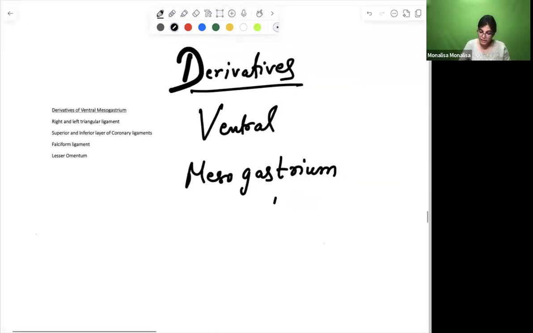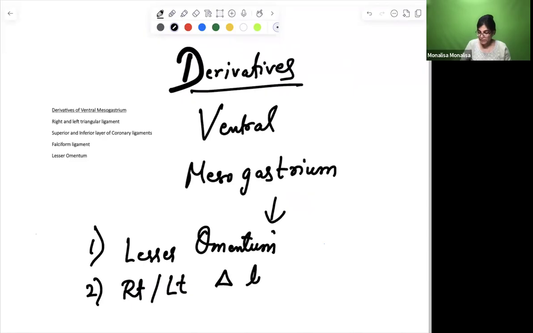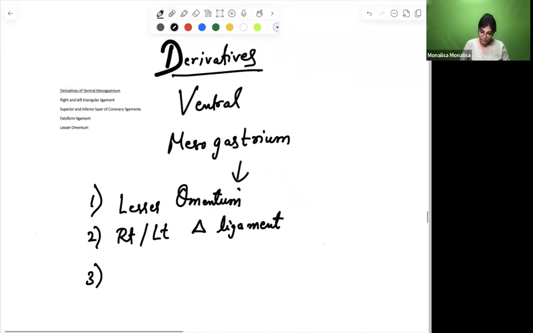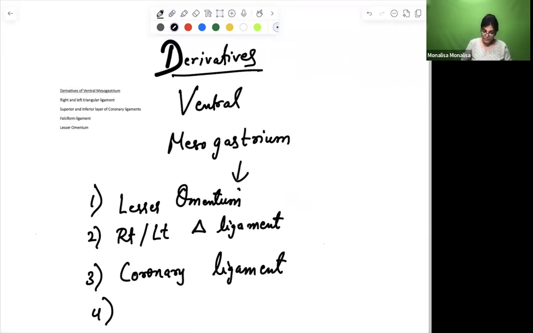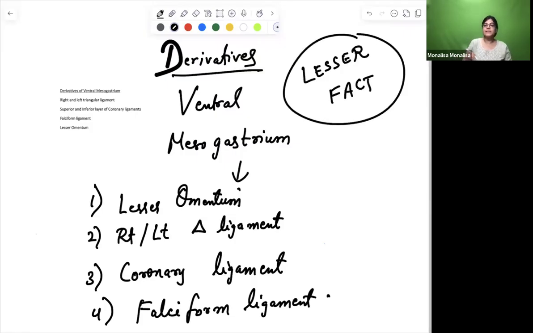These are lesser omentum, right and left triangular ligaments, coronary ligaments, and falciform ligament. There is a mnemonic for memorizing this, that is LESSER FAT: the mnemonic to memorize the structures derived from ventral mesogastrium.